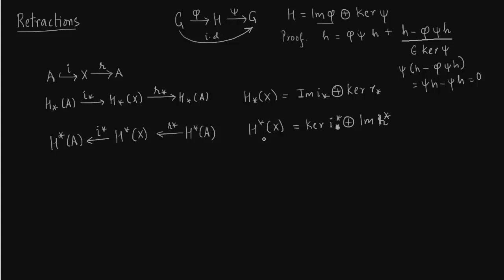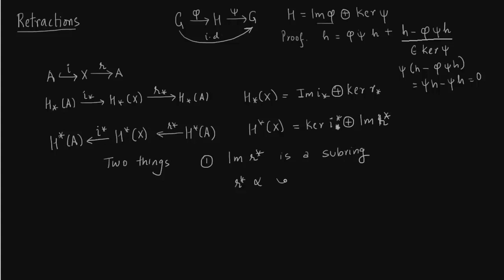Now there are two more things I want to talk about. This image of R star in the cohomology part is a ring. Very important. We have to prove that the image of R star, going from H star of A to H star of X, is a subring. A subring is a ring in its own right, so you could say it's a ring or a subring.